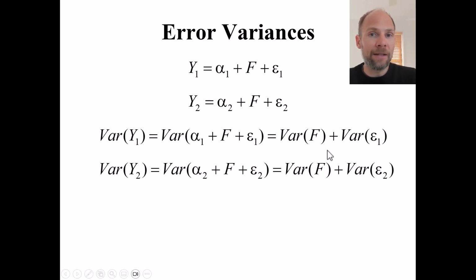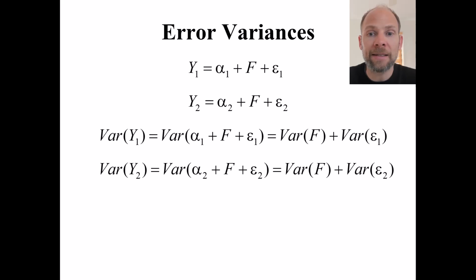So in this model, the observed variance of a given variable is broken down additively into factor variance plus error variance. And that's again in line with what we do in classical test theory also. And then we can now insert what we already have for variance of f, because from the previous slide we know that the variance of f is identified via the covariance of y1 and y2, and we can apply that here.